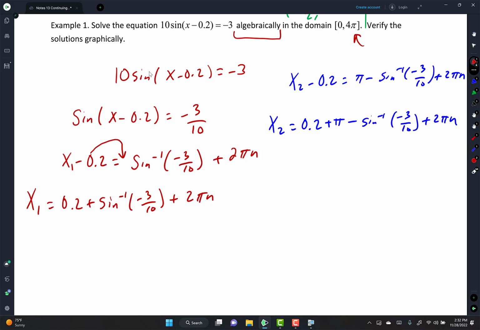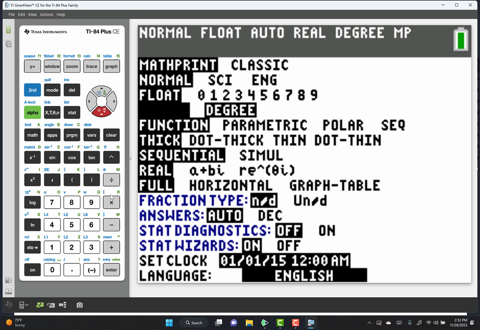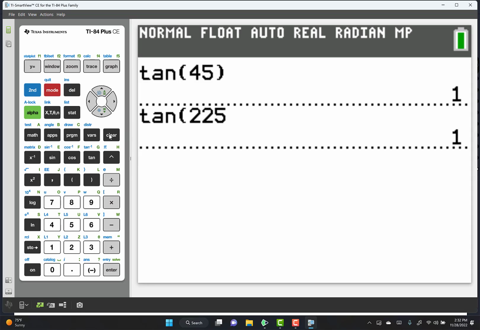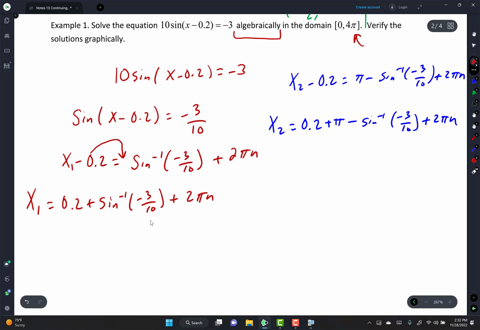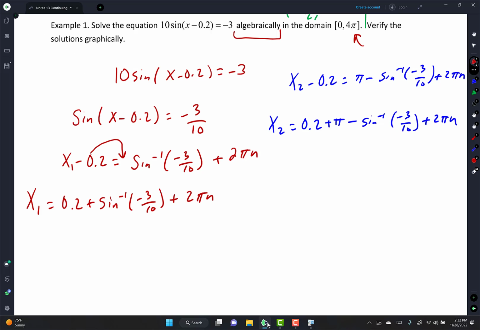All right, take your calculator. Here we go. Make sure that you're in radian mode. So let me click on mode on mine. If you have one of the older calculators, it's not going to tell you. So now it says radian, okay? And I'm going to type 0.2 plus arc sine of negative 3 over 10. Type just this part right here, guys.